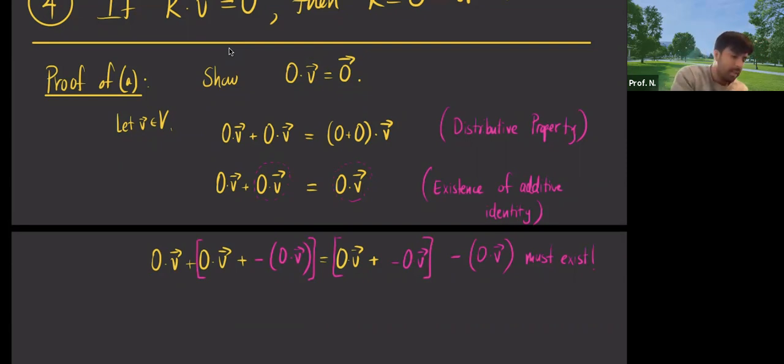If I take some element in the vector space and I add it to its additive inverse, I get 0, don't I? So this has to equal 0, and it's the 0 vector because these are vectors.